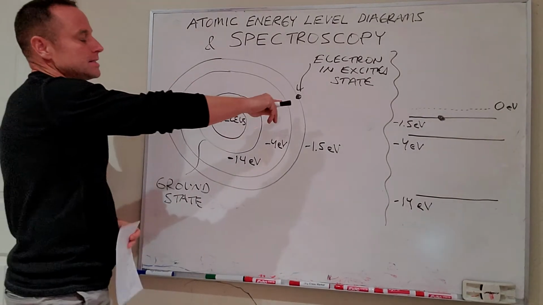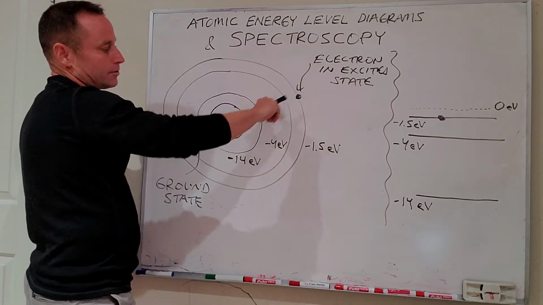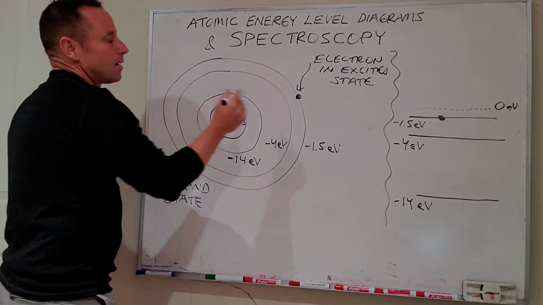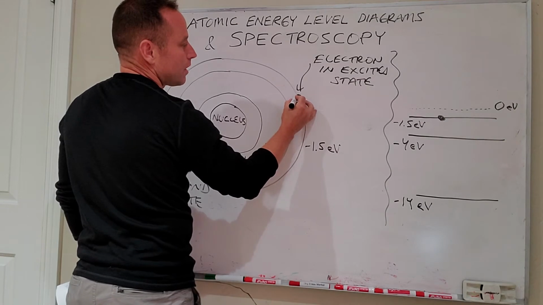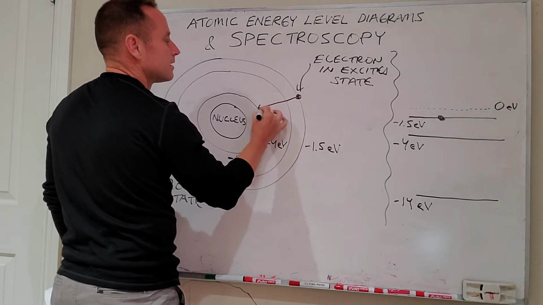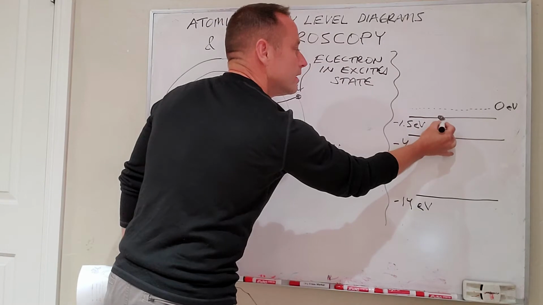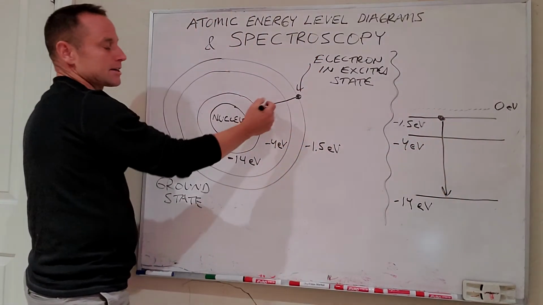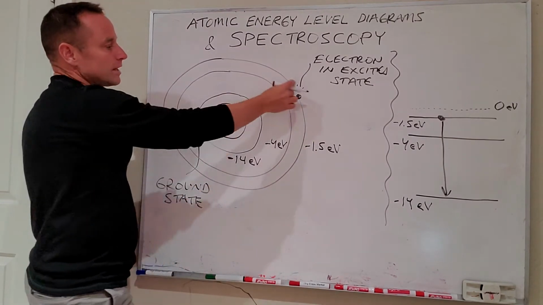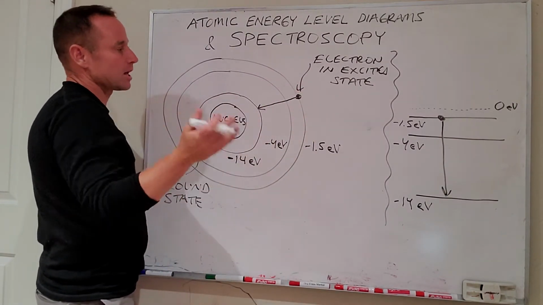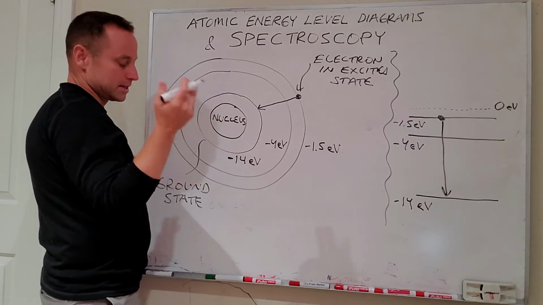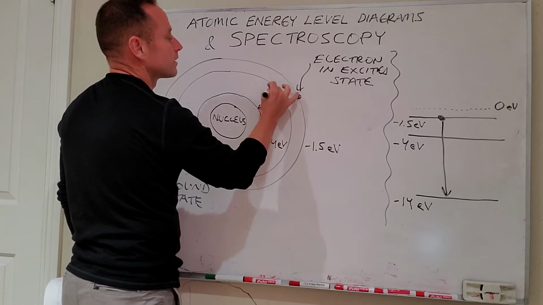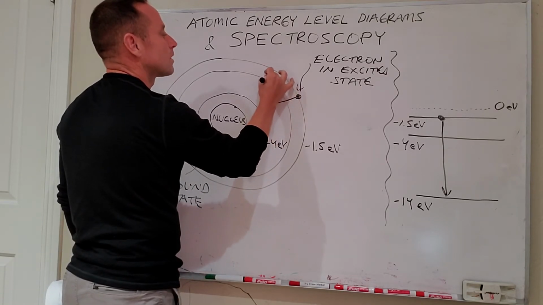What can happen is the electron wants to fall down to lower levels, and there are a couple of ways it can do that. One thing it could do is fall all the way down to the ground state. This is the electron losing energy, and that energy has to go somewhere. It comes off in the form of a very particular photon, a light ray.